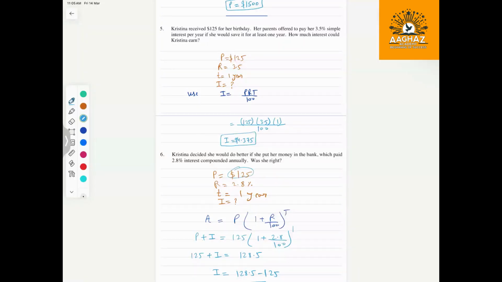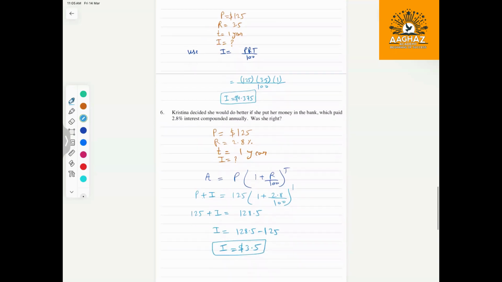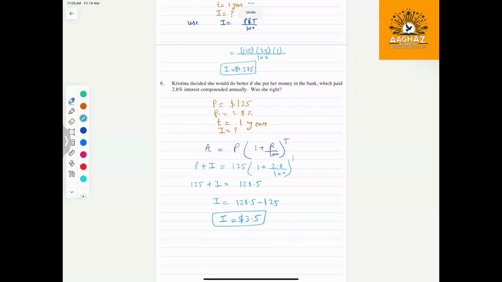We take $125 in this question because in the last question he decided to put this amount in the bank. So it is the same money, because it says here she put her money in the bank at compound interest. So she would do better if she put it there. Was she right? That's the reason I take $125 in this question.